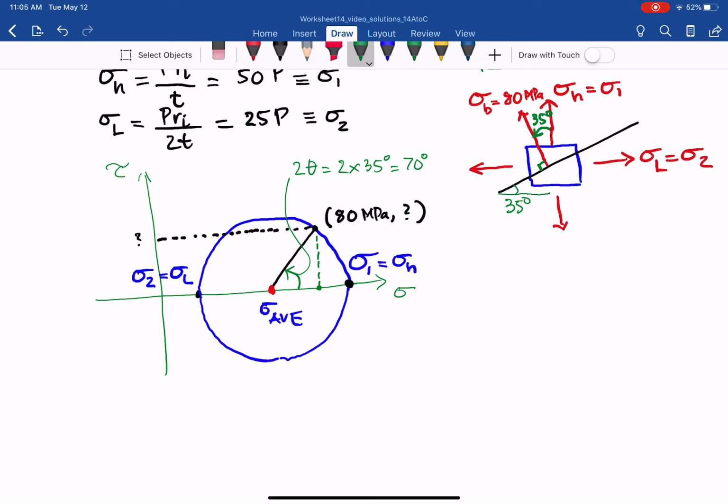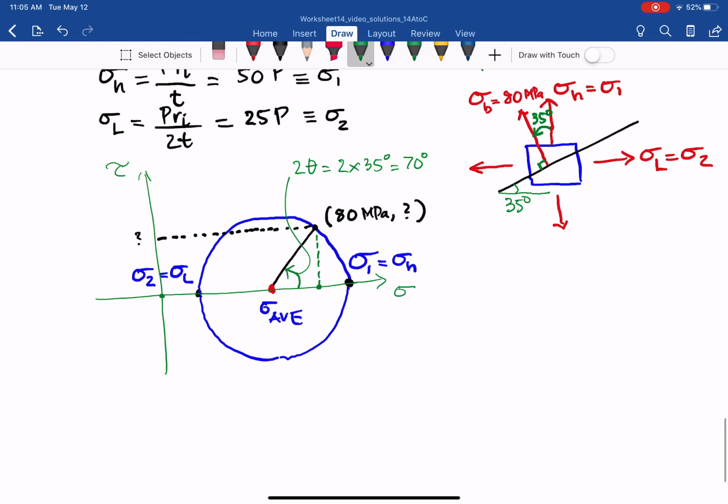This point is actually the 80 megapascal from the origin to this point. So it's 80 megapascal. Let me write it down here.